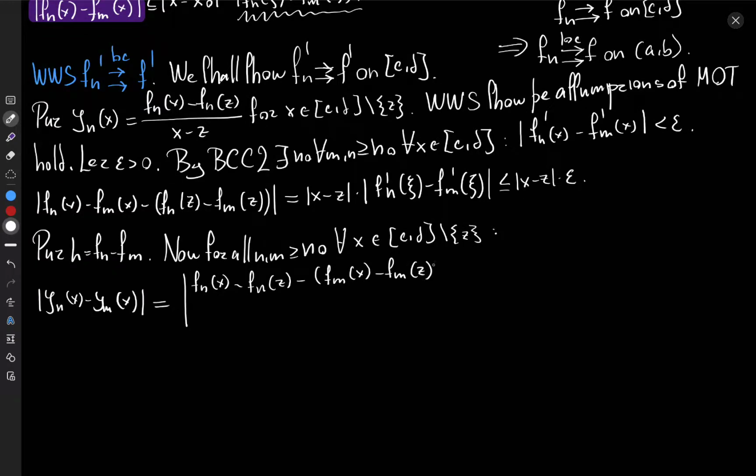I mean, we don't even move the terms around. This is precisely the definition. Now, divided by x minus z, that's the common denominator.